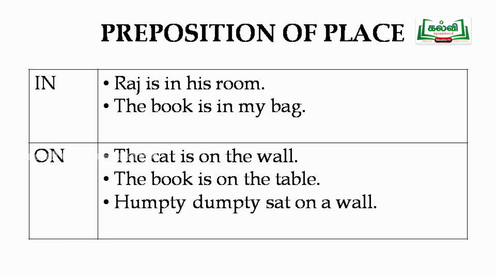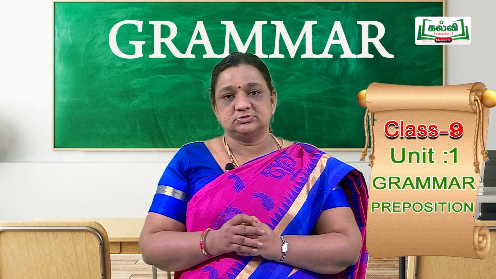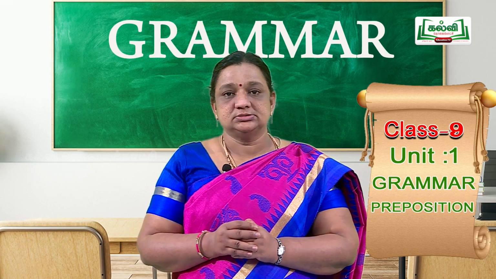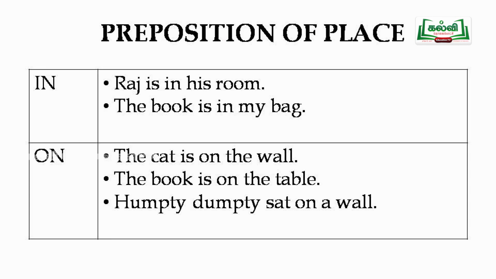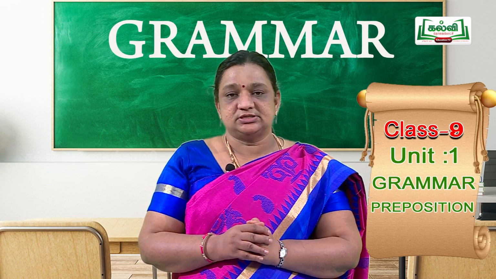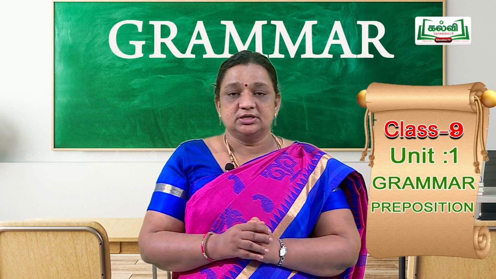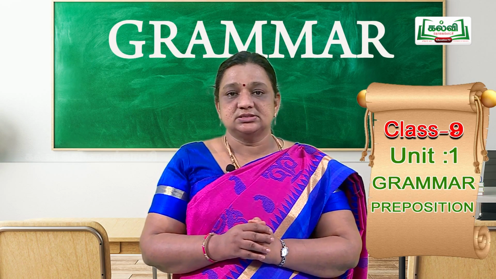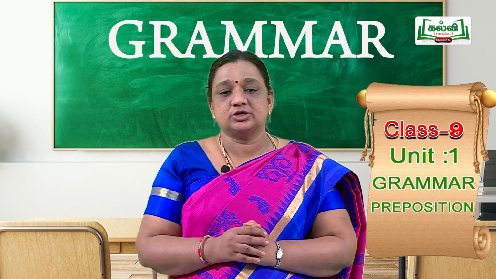The cat is on the wall. This on the wall indicates that the cat is sitting above, on the wall. The book is on the table. We have placed the book on the table. Even the rhymes that we used to say in our kindergarten classes, Humpty Dumpty sat on a wall.